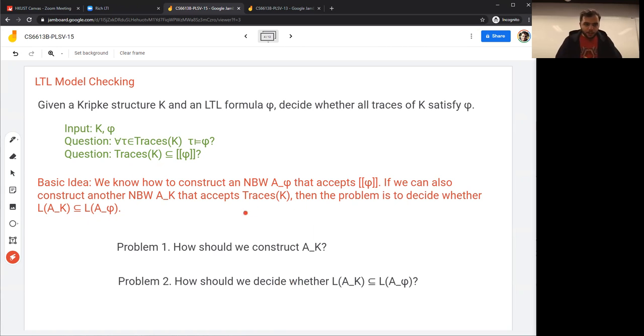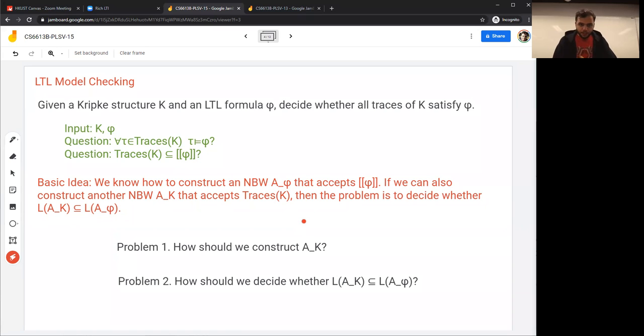So if I can somehow construct another non-deterministic Büchi automaton, let's call it AK, the automaton of our Kripke structure, and I can do it in a way that it accepts exactly the set of traces of K, so it accepts an infinite trace if and only if there is a run in K such that this trace corresponds to that run, then the only problem I have left is to figure out whether the language of this automaton is a subset of the language of this automaton.